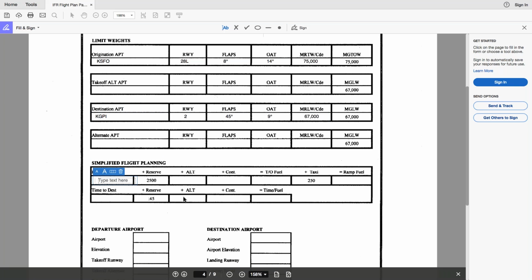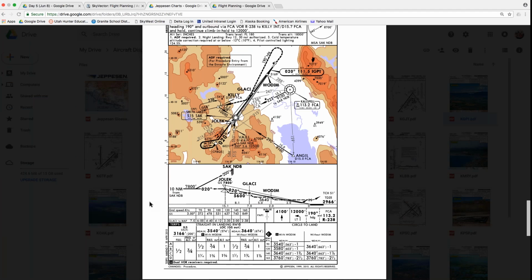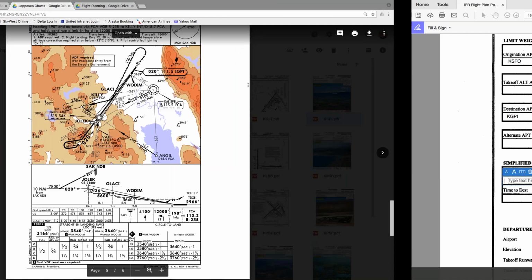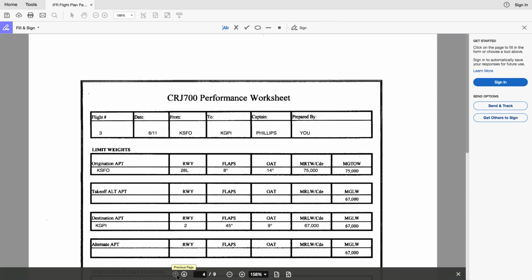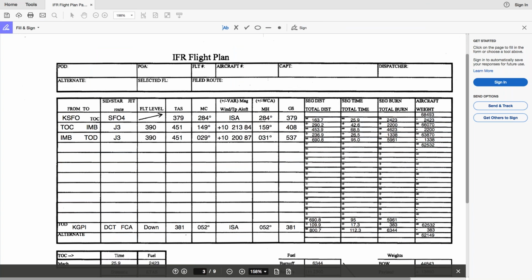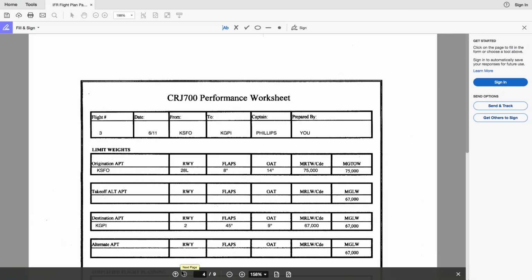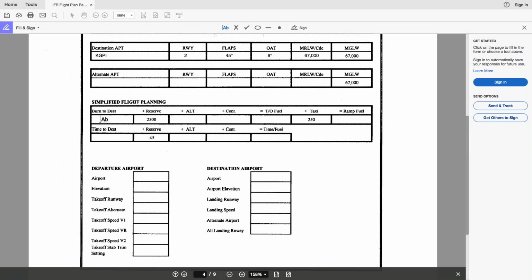So since we don't do a simplified flight planning anymore, for our burn, let's just go ahead and slap in the number that we came up with, 63.44. Add our reserve onto that. We didn't have an alternate. We didn't add contingency fuel.